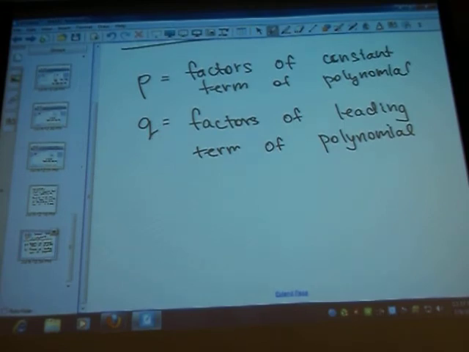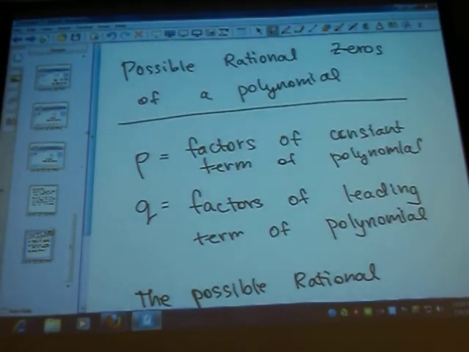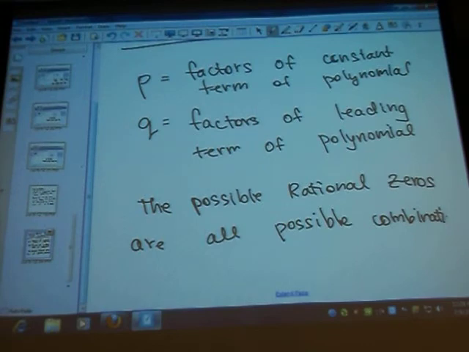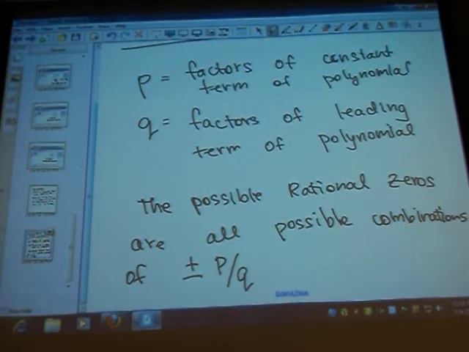Okay? Then the possible rational roots, the rational zeros, you need to list all possible combinations of positive or negative P over Q. So these are real zeros, not imaginary zeros.